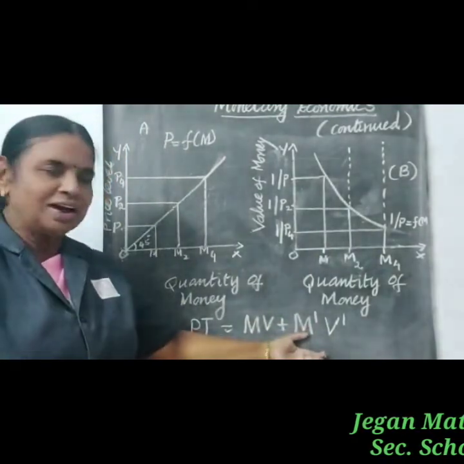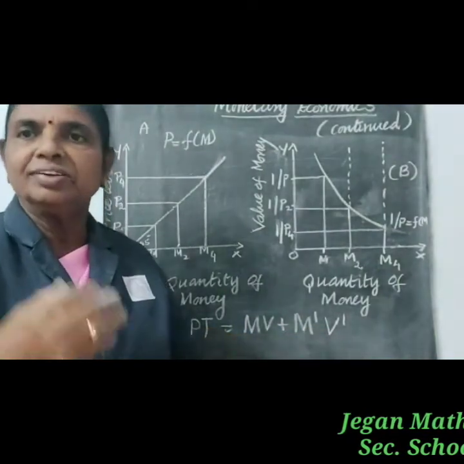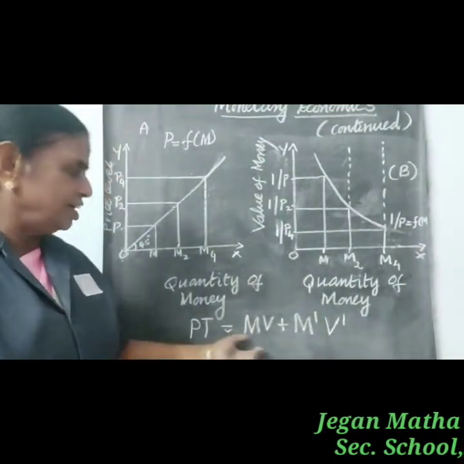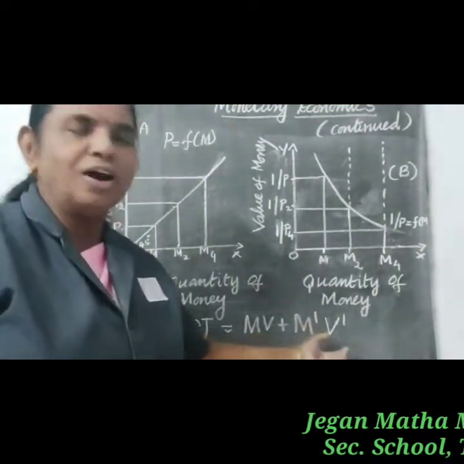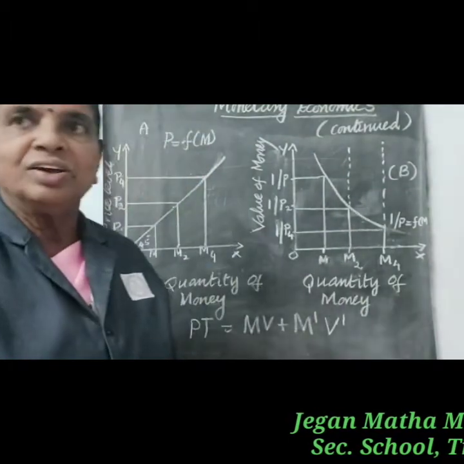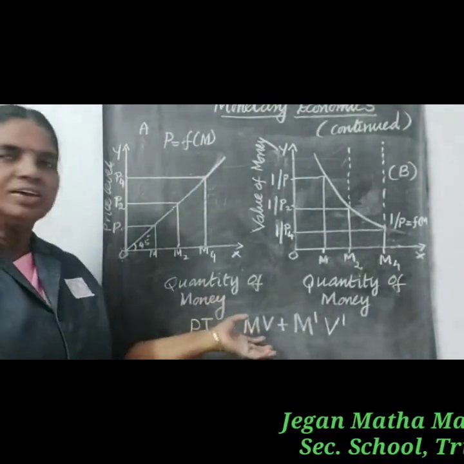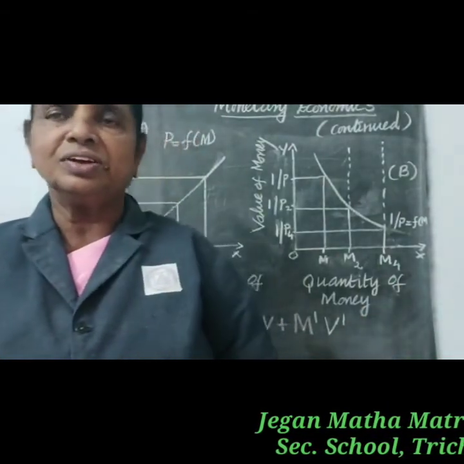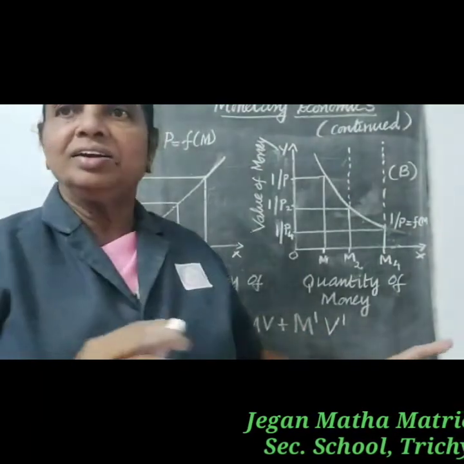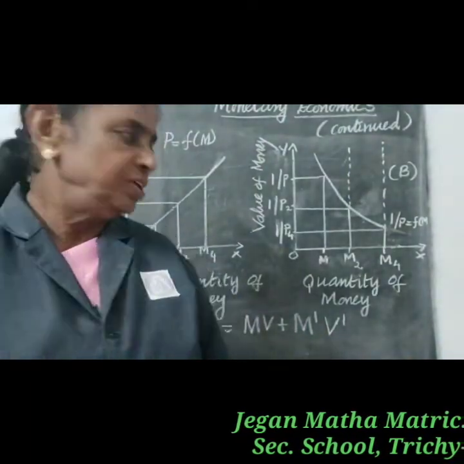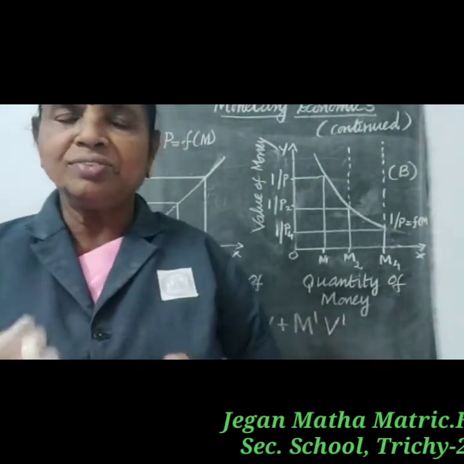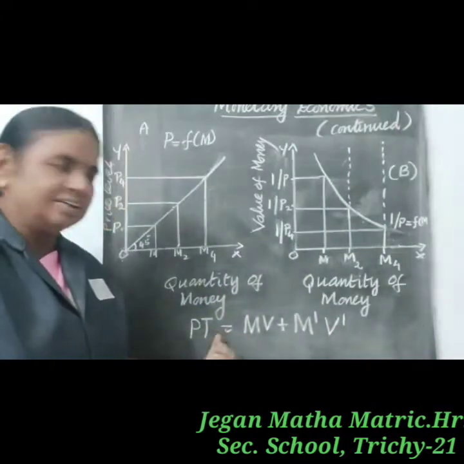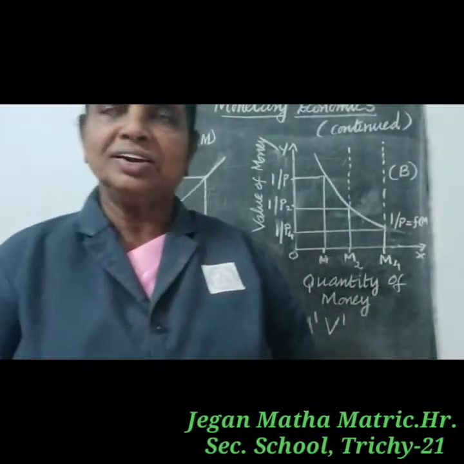The new equation is PT equal to MV plus M1V1. Here M is the quantity of money in circulation, V is the velocity of circulation of money, M1 is the volume of bank credit money, V1 is the velocity of circulation of credit money, and T is the volume of trade.